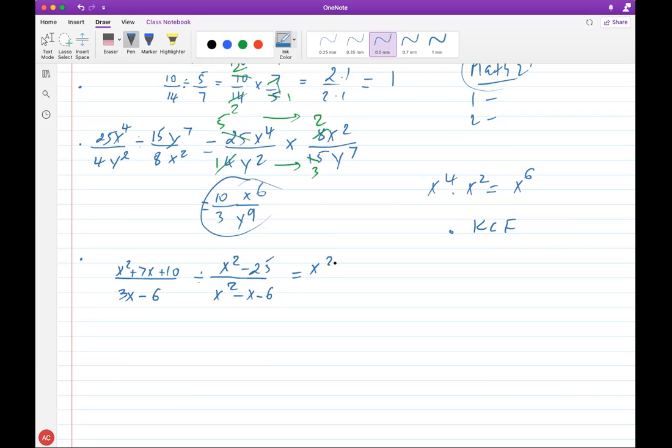So multiply, so x to the second minus x minus 6. Only flip the second one, and the division turned into a multiplication, so it would be x to the second minus 25. Okay, that's the first step. What else? What's the next step?